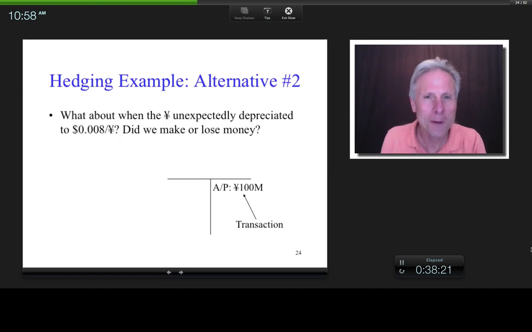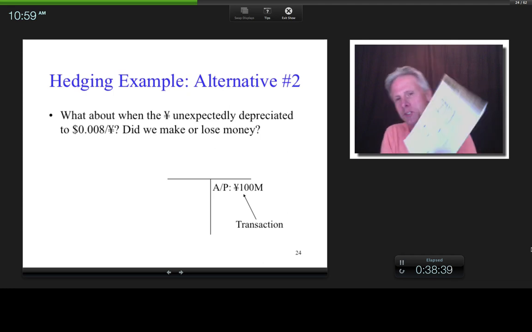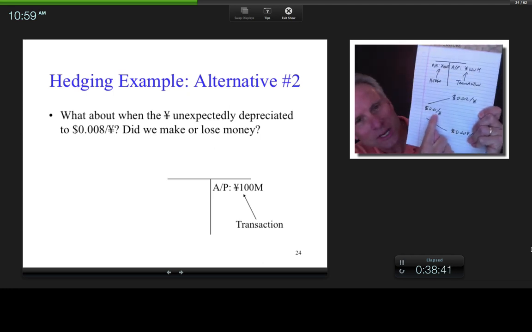And what about the other way around? Okay, so we're short yen in our transaction. If the yen unexpectedly depreciated, okay, so went down in value, did we make or lose money? We made money, right? Why? Again, because we were expected at this exchange rate to pay $1 million.